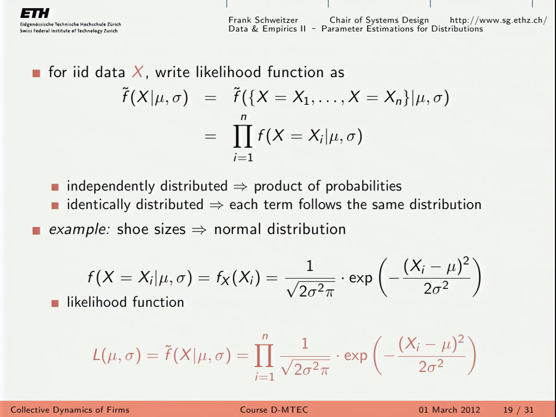So if I talk about some dice, right, then the probability that I have a 1 does not depend on whether I had a 6 before, right? So that means there are independent realizations over the sample space 1 to 6. And in this case of the independent realizations, I can factorize this function into functions that no longer depend on all of these observations, but just on a single observation.